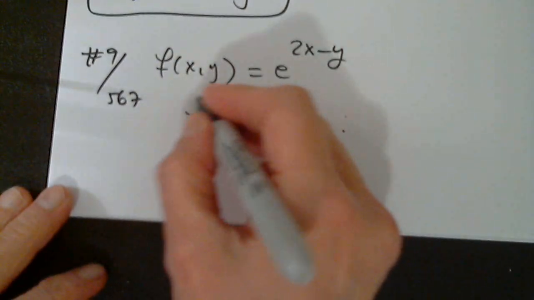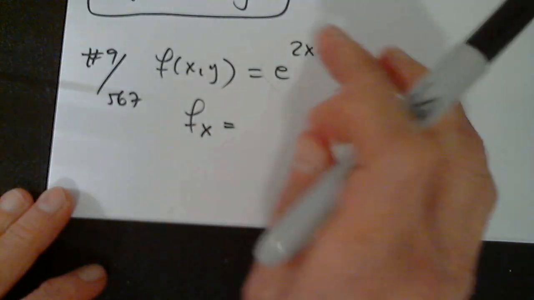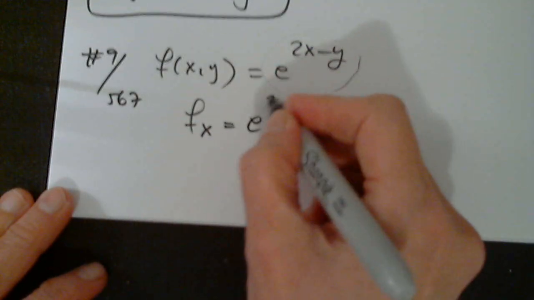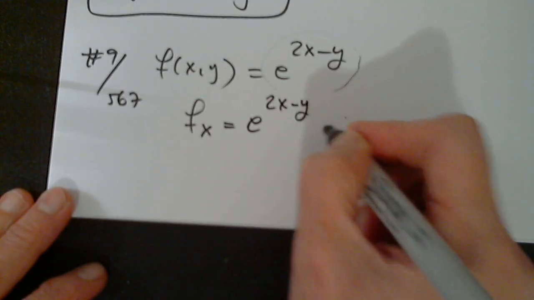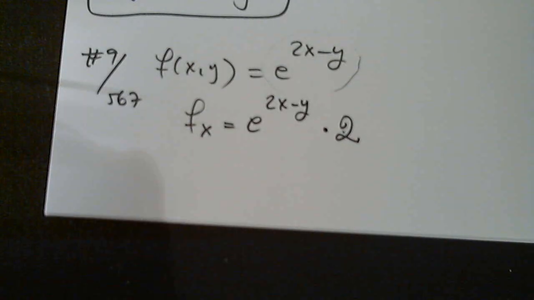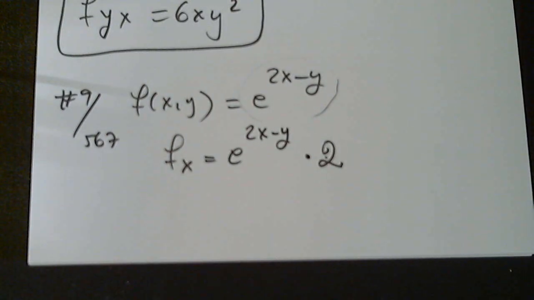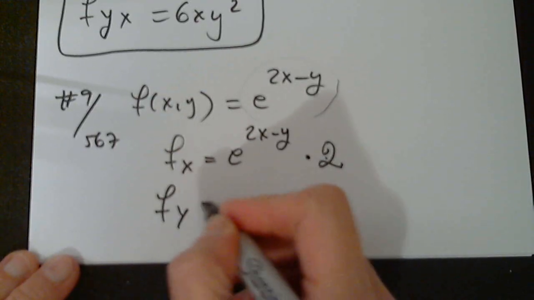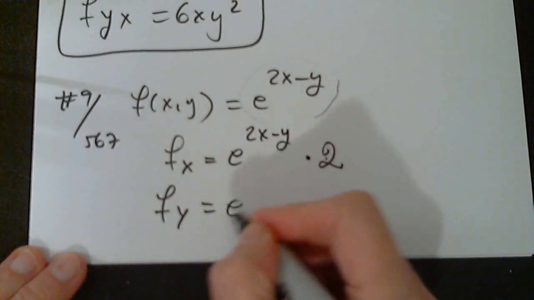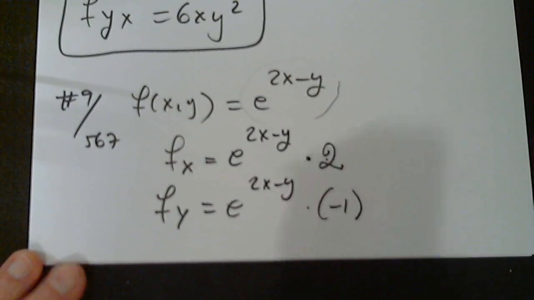Good. So fx means I differentiate this with respect to x. E to a function prime is e to that function times the function prime, which is 2. Because I only differentiate with respect to x. Everything else is considered a constant. Now fy: e to a function prime is e to the function times the inner function prime, which is -1.